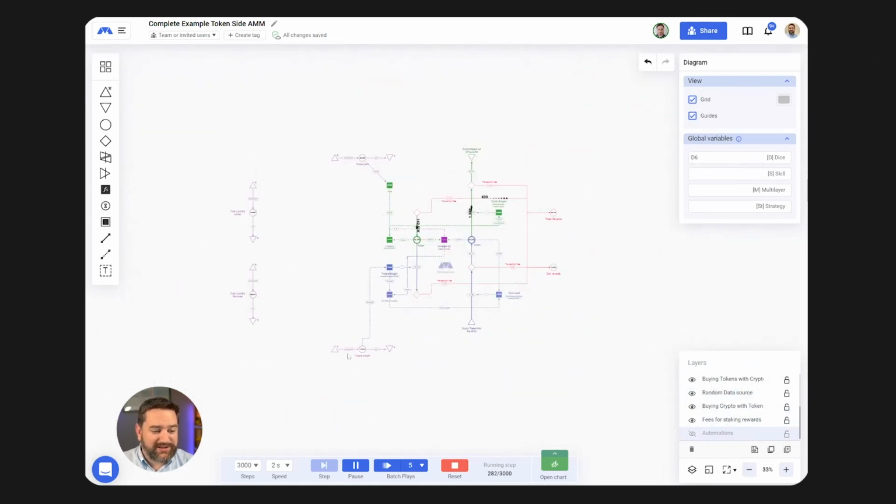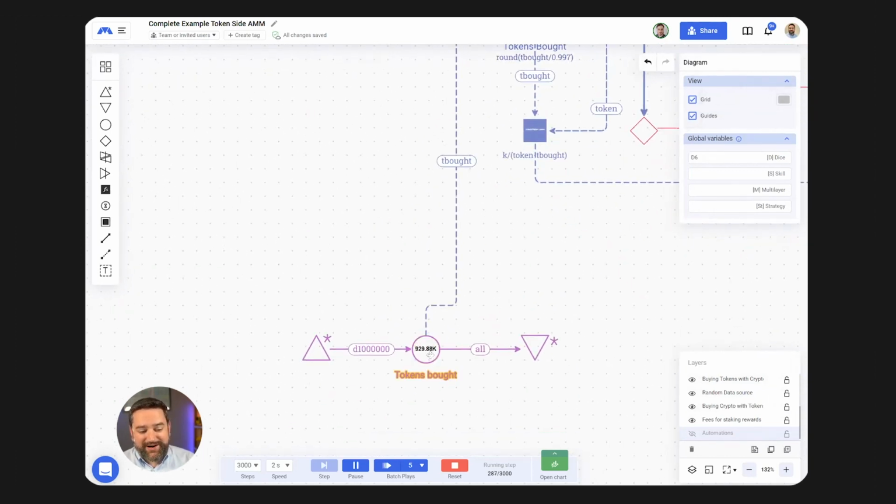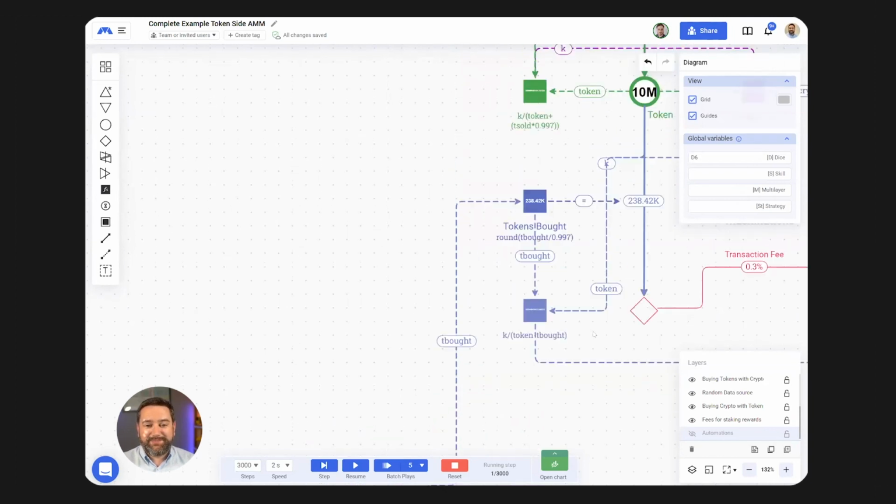So these are just as we saw before, I've created these random number generators to generate me some numbers. So for this side, I've got a random number generator that's saying how many tokens are we buying each step. Let me do one step and we'll leave it there. So here, in the next time that this is going to be used, we're going to take 237,000 tokens, and that's how many we're going to buy from the AMM.